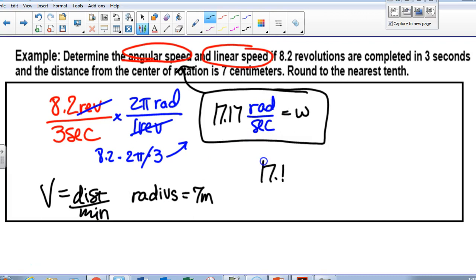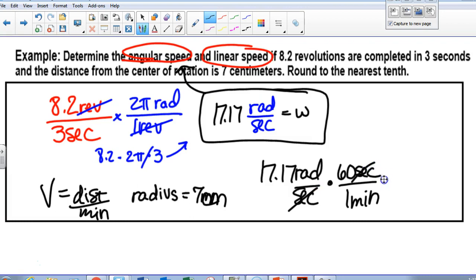We have 17.17 radians per second. What do we need to do? Jacob? Thank you so much. What else? I also have seconds here and I want it in minutes, so we can do some converting there. 60 seconds is a minute.